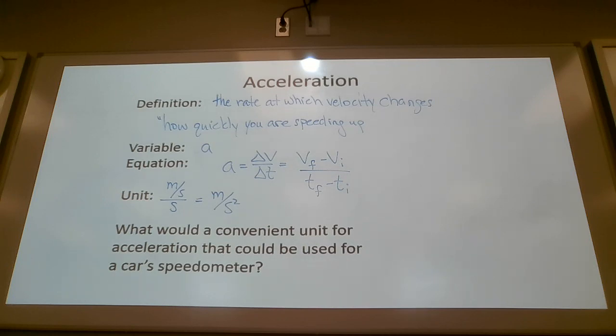So if you had an acceleration of 5 miles an hour per second, your speedometer would look like this: 0, 5 miles an hour, 10 miles an hour, 15, 20, 25, 30 miles an hour. Every second that goes by, you're changing your velocity by 5 miles an hour.